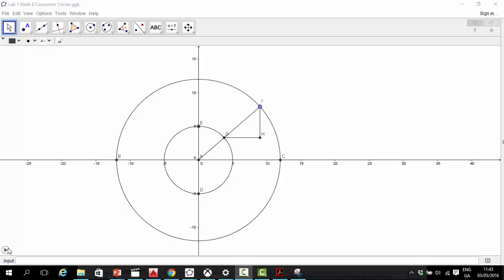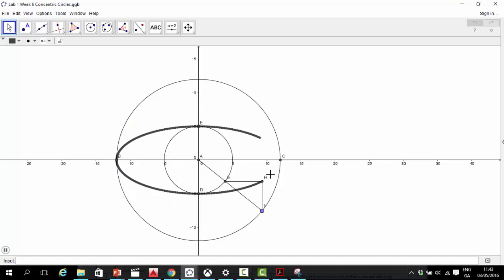So I'll just play the animation. So as you can see, H plots the points of the ellipse all the way around, and the distance from G to H plus the distance from F to H will always be the same as it moves around.